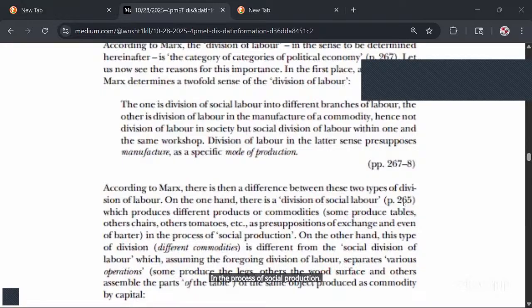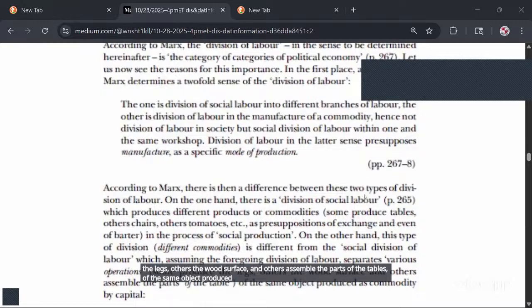On the other hand, this type of division, that is, the different commodities, is different from the social division of labor, which, assuming the foregoing division of labor, separates various operations. That is the division of labor that is the pin factory. Some produce the legs, others the wood surface, and others assemble the parts of the tables, of the same object produced as commodity by capital.